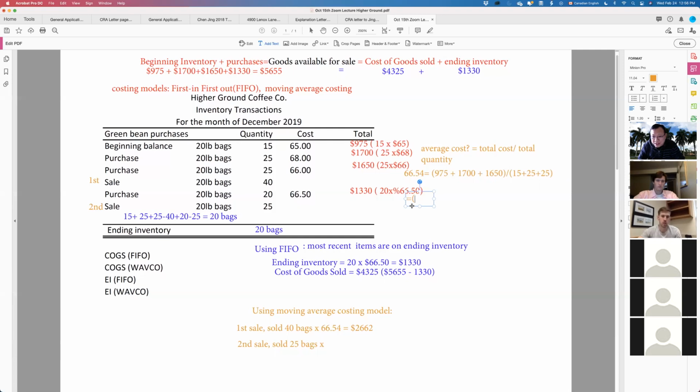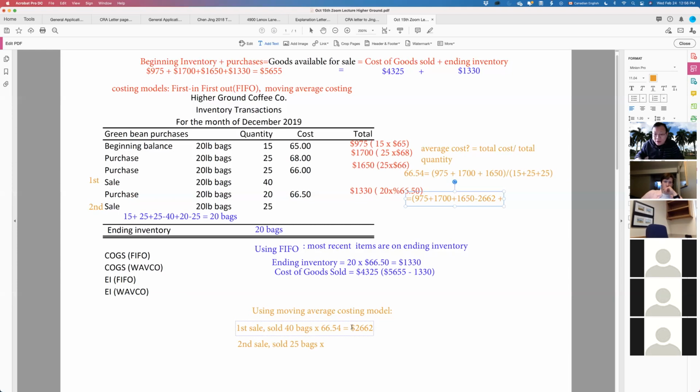Think about what we did: the total cost. Remember my inventory level went down because I sold this much, so I had to deduct this value, because that reduced my inventory.